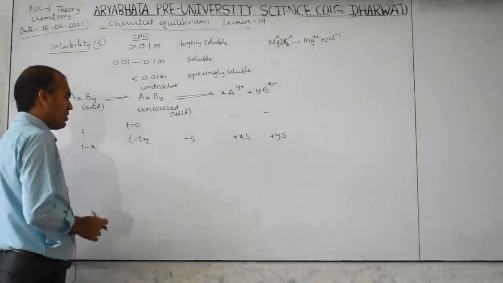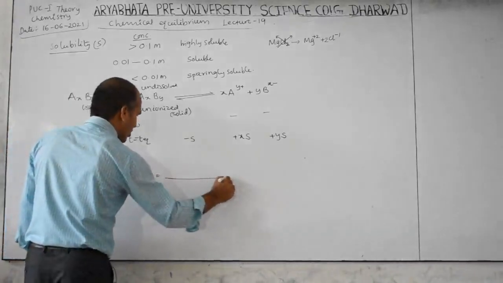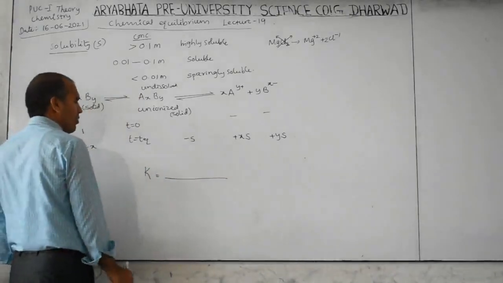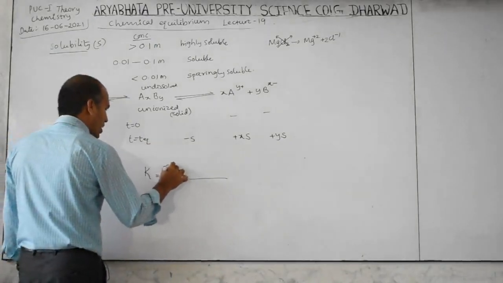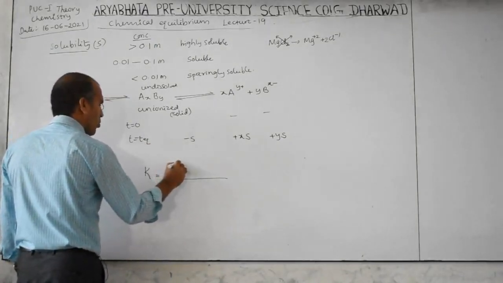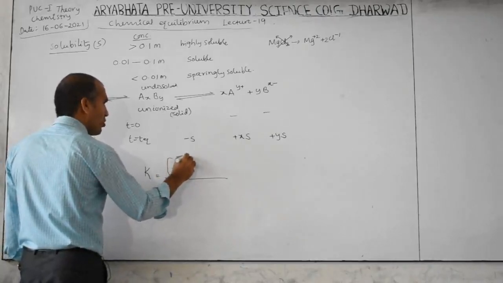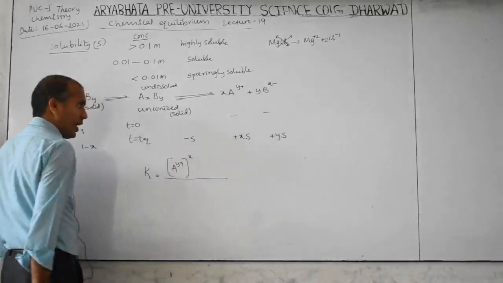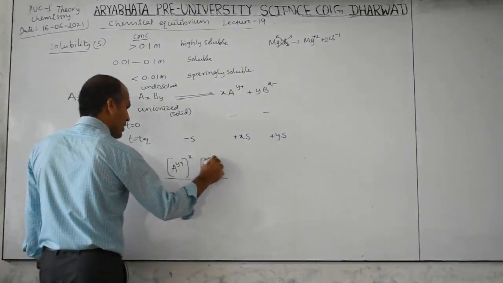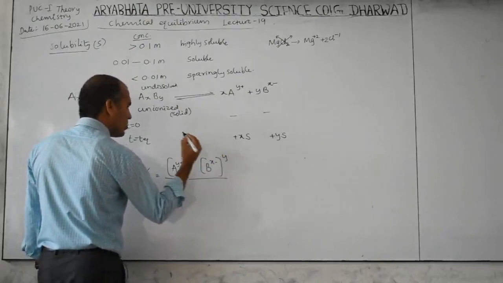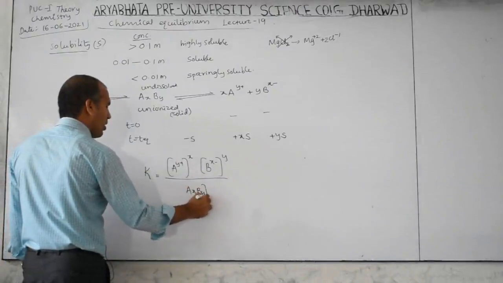Okay, so this one can be represented as K is equal to the equilibrium expression. How to write the equilibrium expression? Product concentration by reactant concentration: A to the power Y plus, the cation, whole power, stoichiometric coefficients are raised to their powers, X, B X minus, the stoichiometric coefficients are raised to powers, and this can be AX, BY like this.